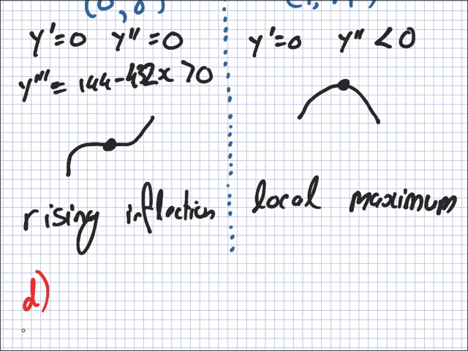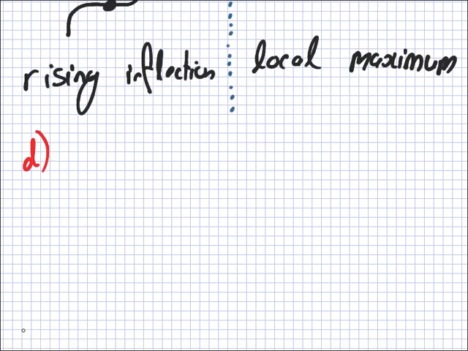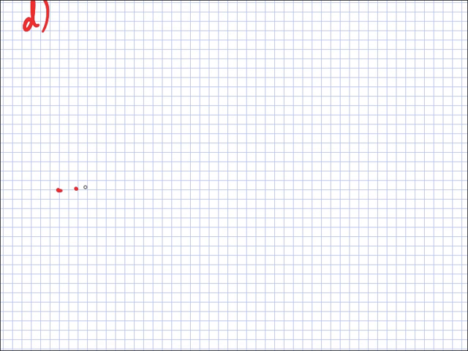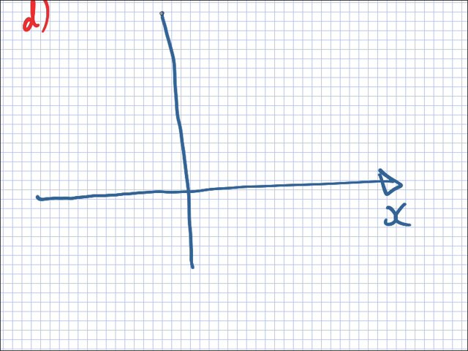Okay. Part D. Sketch. There's X. There's Y. We'll go 5, 10, 15. And then we'll go 0, 1, 2, 3.